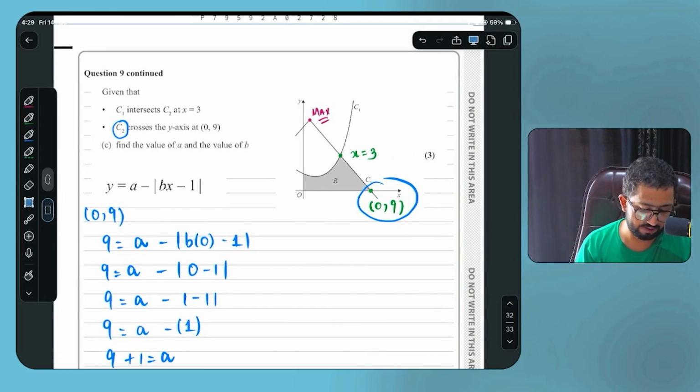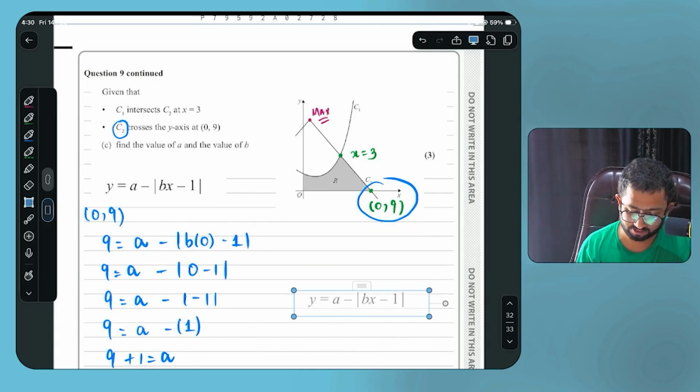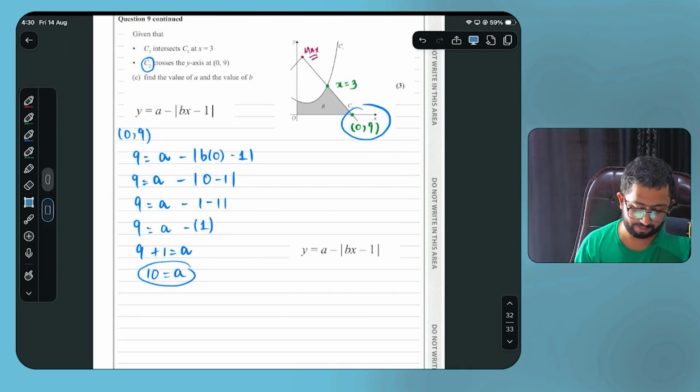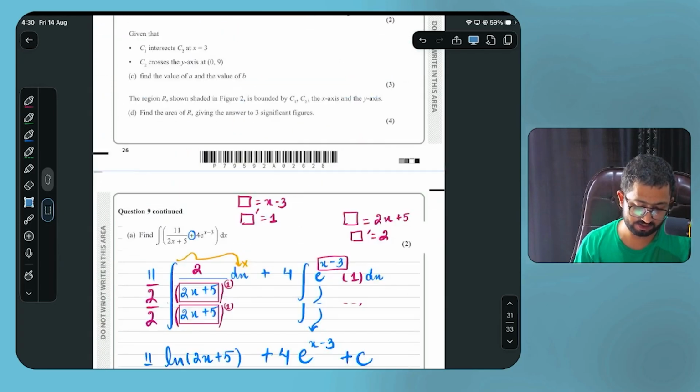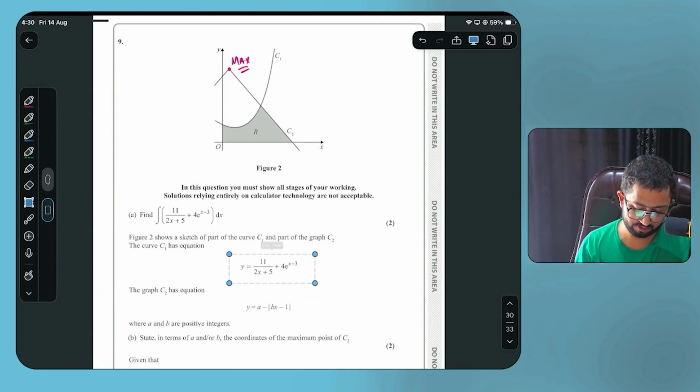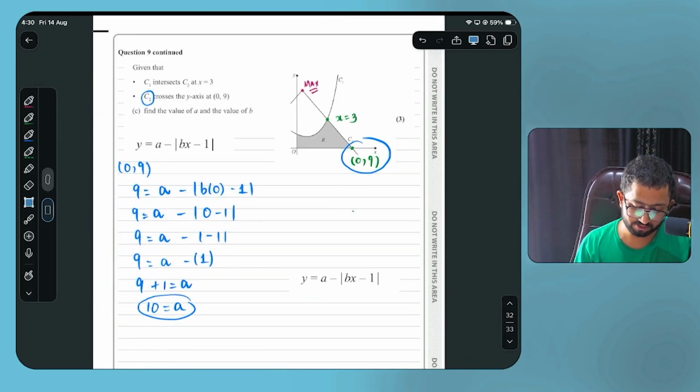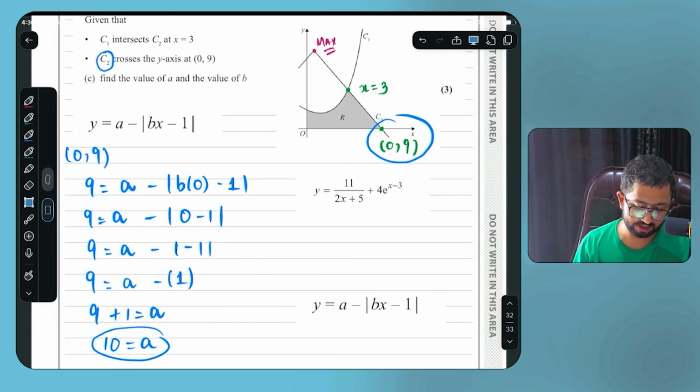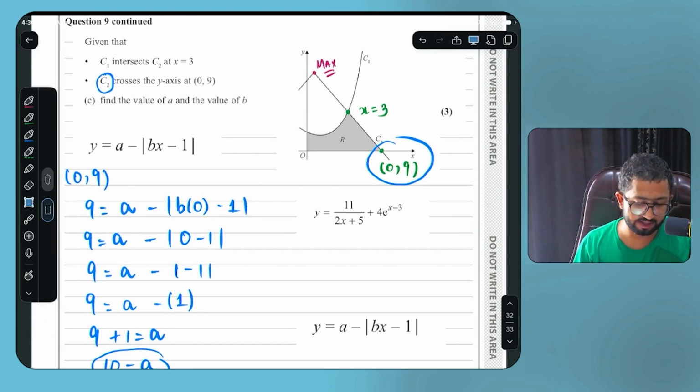If you want to get the value of b, first you need to find the y coordinate. As you can see, x equal to 3 is a point of intersection between the C1 and C2 curves.